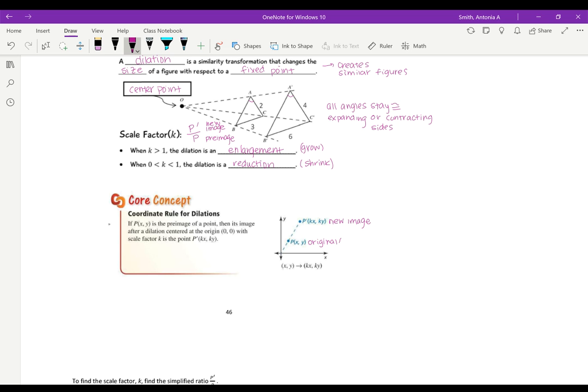This was our original or pre-image. We're using a dilation, which really is what we're doing down here. We are multiplying the x and y by some number, and that's going to give us our new image. So we're creating a different image with this shape by multiplying its coordinates by the scale factor. So this is the dilated image up here.